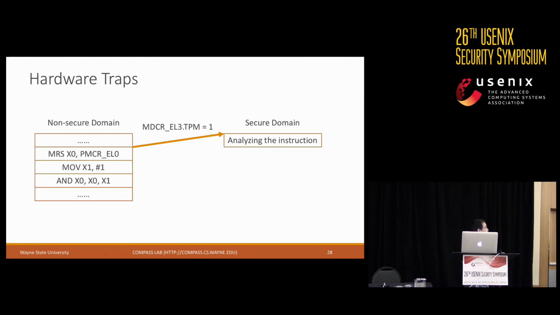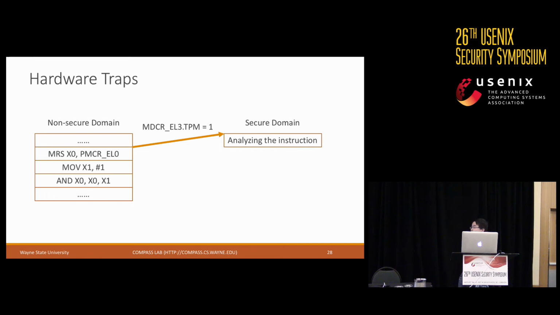So we set the TPM bit of the MDCR_EL3 register. Once this bit is set, any system instruction access to the PMU registers will trigger an EL3 exception. That means before this MRS instruction is actually executed, the CPU will automatically trigger an EL3 exception.